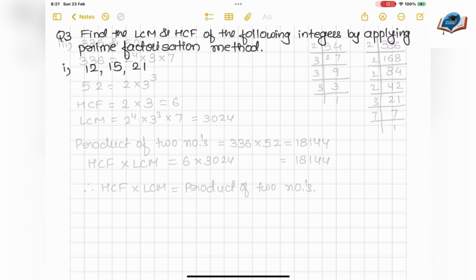Question is check whether 6 raised to n can end with the digit 0 for any natural number n.